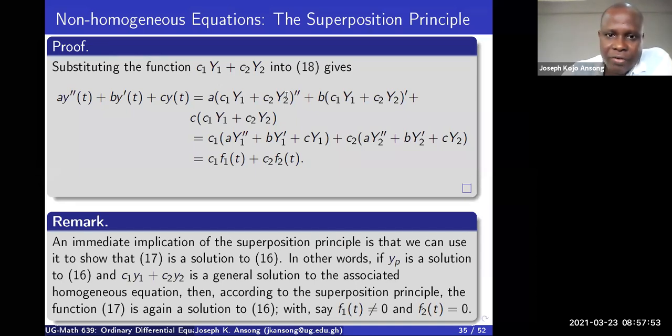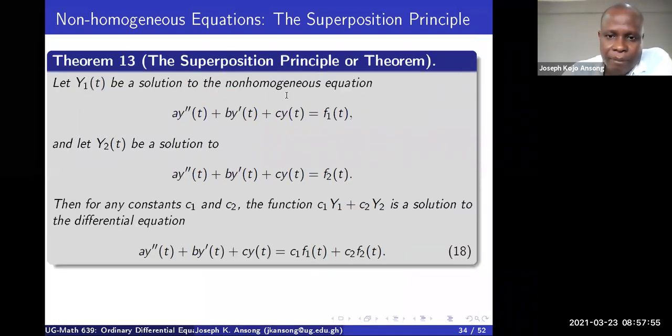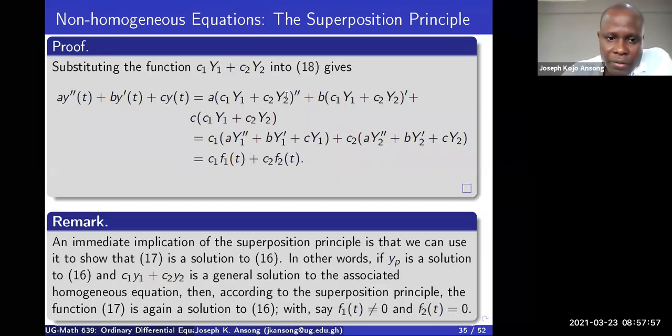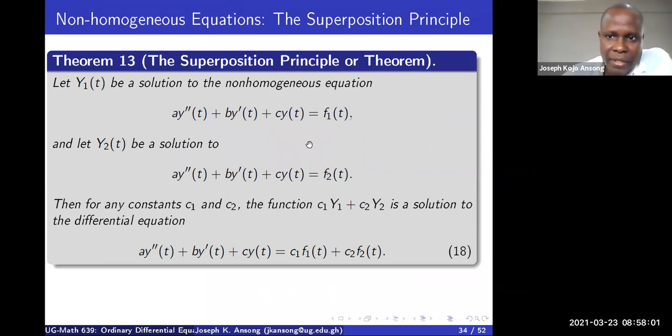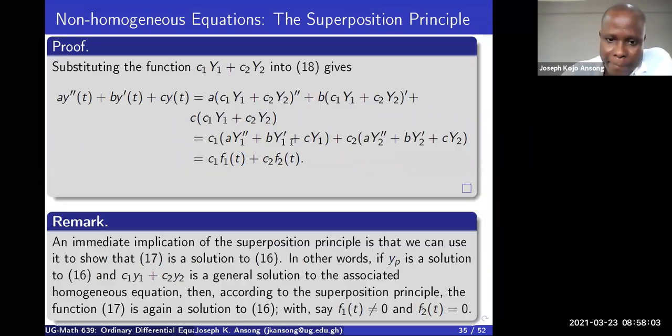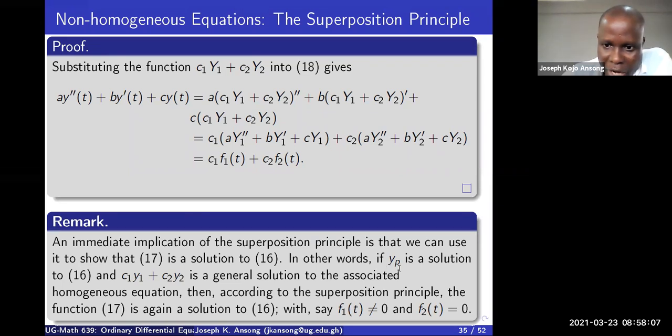And you can see that from this. If you have the non-homogeneous equation, you can write it as follows: if yp is a solution to equation 16, in other words, you already have a particular solution to the non-homogeneous equation, and then you have a solution to the associated homogeneous part of it.